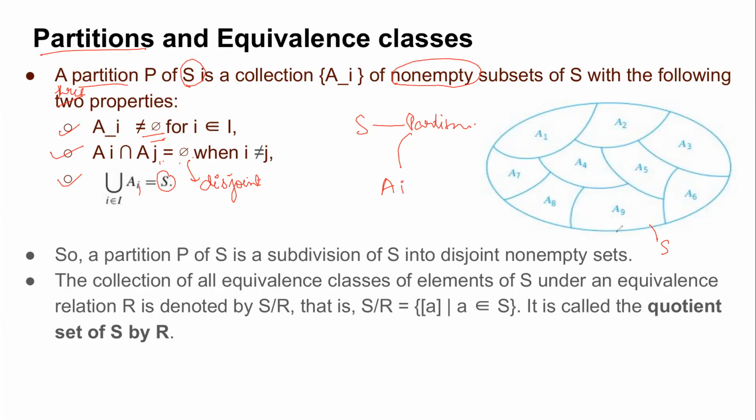None of them are overlapping, each one has its own area. But if you take the union, it gives you back the set. If you have a set S, you divide it into disjoint subsets with no overlapping part, and if I take all of their union, it covers the entire set.